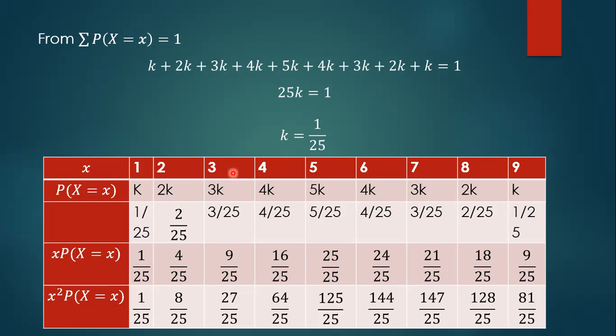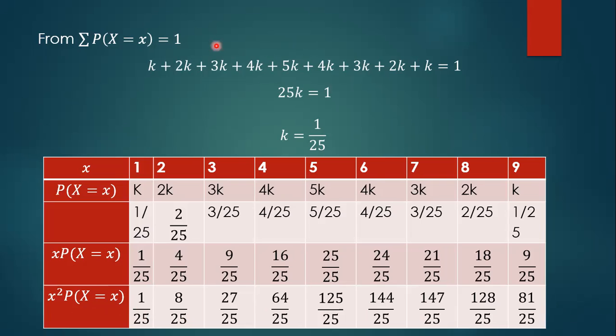Then 3 squared is 9 times 3 over 25, so it is giving us 27 over 25. We do that until the end, where we have 9 squared, which is 81 times 1 over 25, and that gives us 81 over 25. So for expectation of x squared, we add this row.